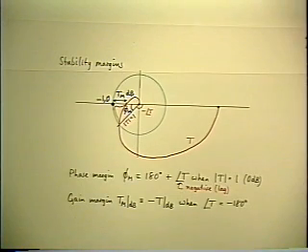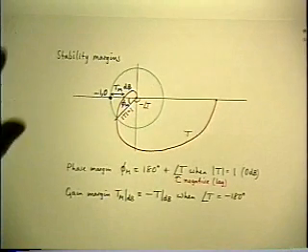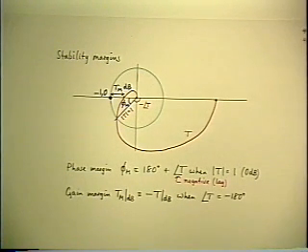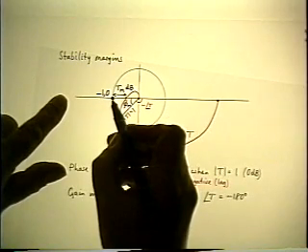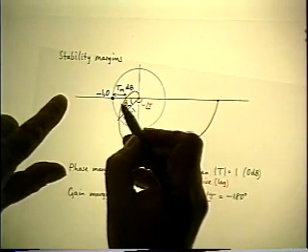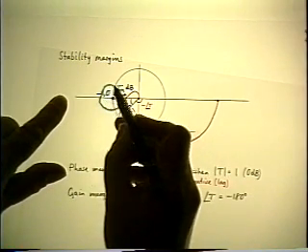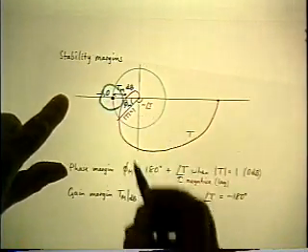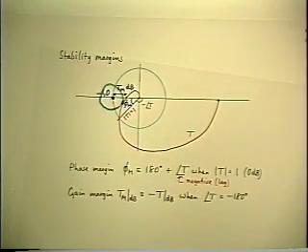You could think of a better one. Since the closeness of the contour to the -1 point is really what you're interested in, you could invent another definition which would involve drawing another circle centered on -1, and you draw as big a one as you can tangential to the actual contour. And then you would define the radius of that circle as a stability margin, and you would like it to be as large as possible.